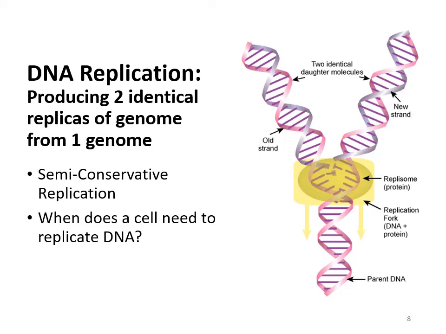A cell needs to replicate DNA before mitosis, because if you think about it, if a cell is going to split, if it doesn't double its DNA first, then each of those new cells is only going to have half of the genes that they're supposed to. Okay, so it's very important that cells double their DNA first, before mitosis.